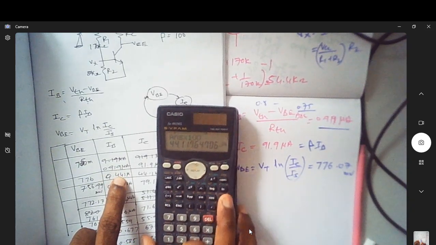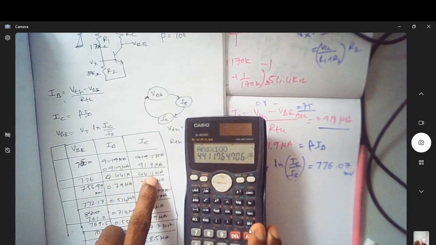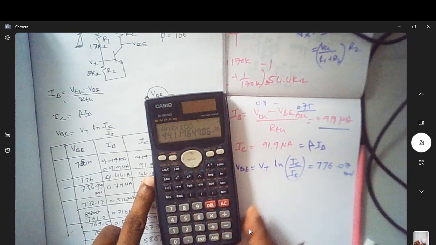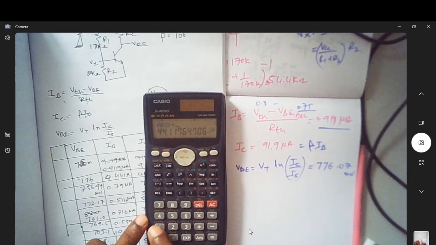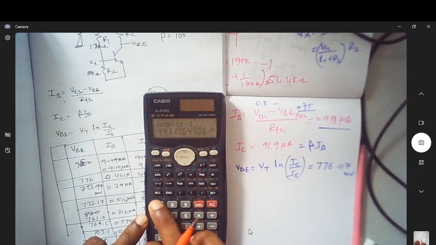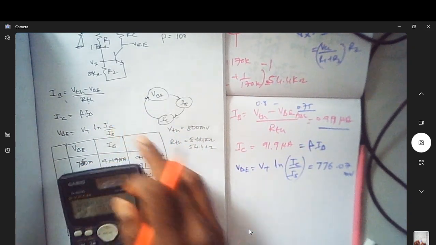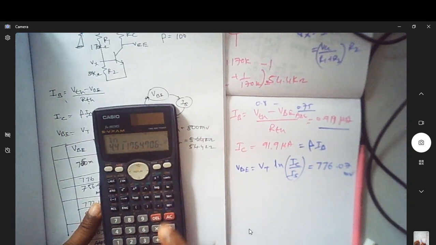Can you see it is 0.441 micro multiplied by 100 is my IC, which is 44.1 microampere. So this is my IC divided by IS, 1 exponential minus 17. This is IC by VT. ln of this answer multiplied by 26.